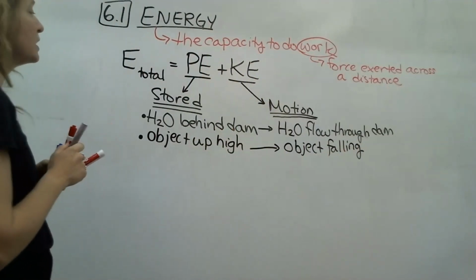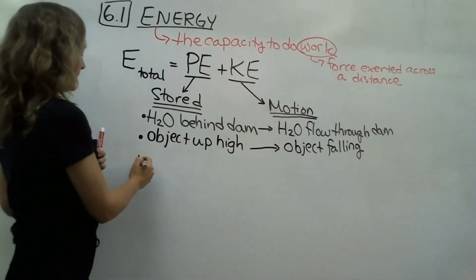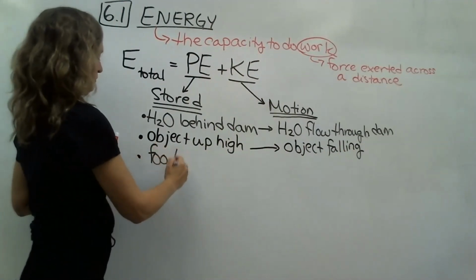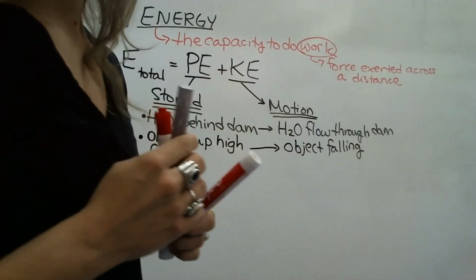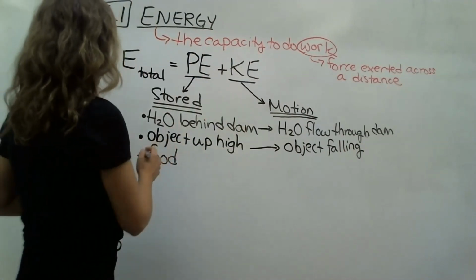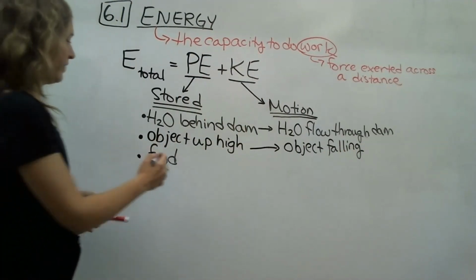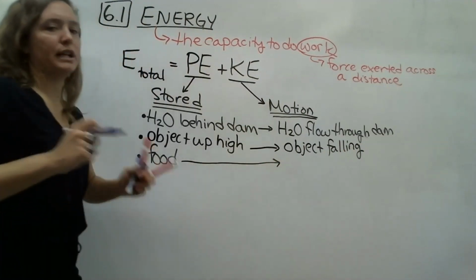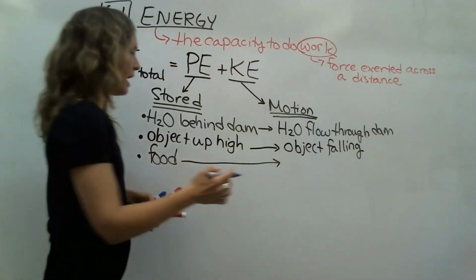Another good example of stored energy, or potential energy, is the energy in food. When the potential energy that is stored in food is ingested by a living thing, that energy gets transferred into the energy of motion, which is really the energy of being alive.